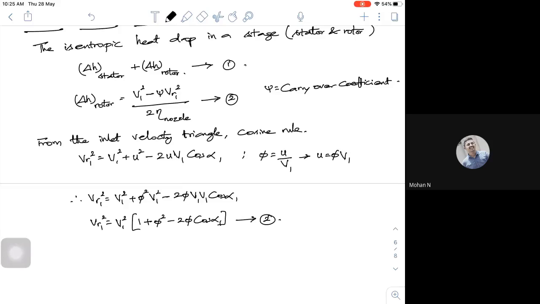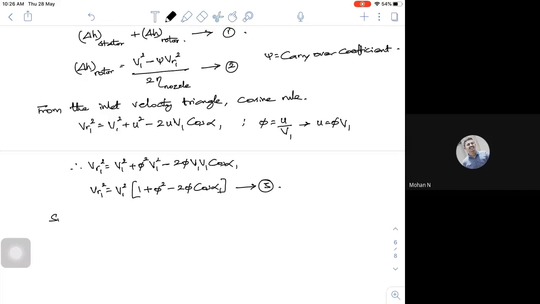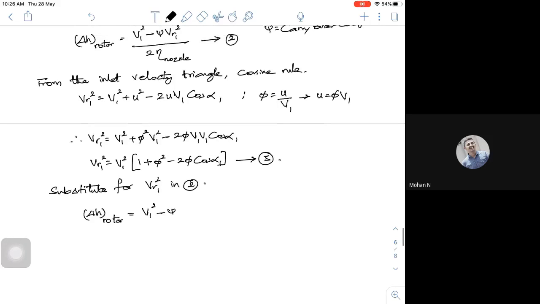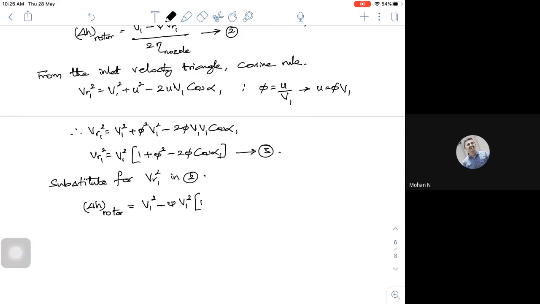If I substitute for VR1 square in equation 2, what I'm going to get is delta H for the rotor is equal to V1 square minus psi into V1 square into 1 plus phi square minus 2 phi cos alpha 1, whole thing divided by 2 times the nozzle efficiency.